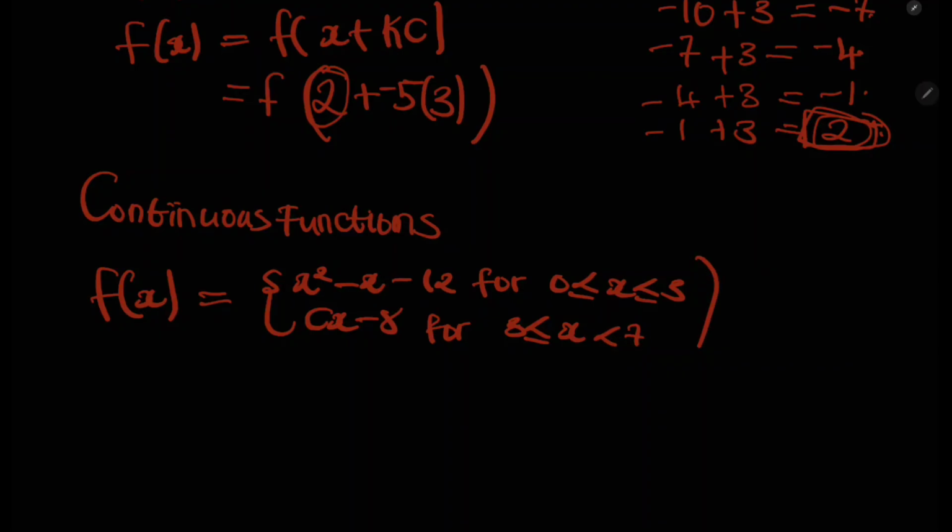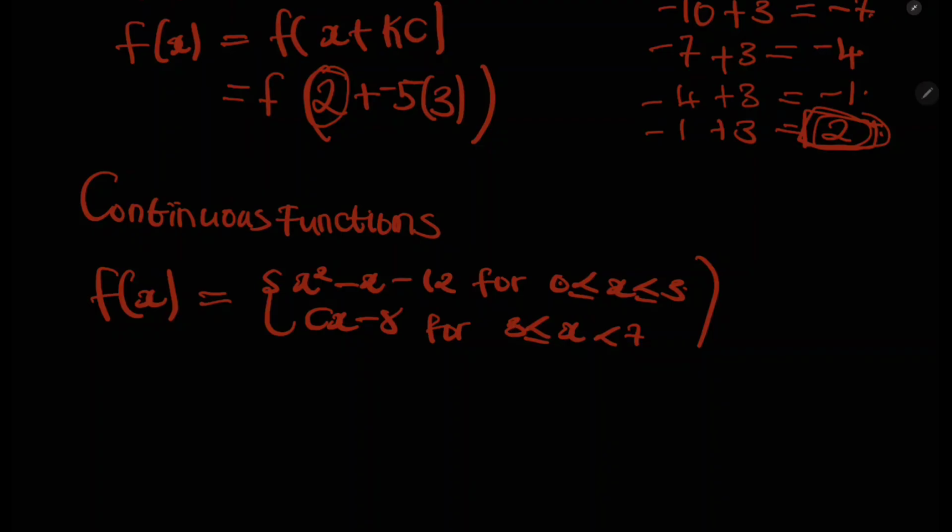Okay, so here we need to look for a point of continuity. Here we have x greater than or equal to 0 and x less than or equal to 3. Here we have x greater than 3 and x less than 7.